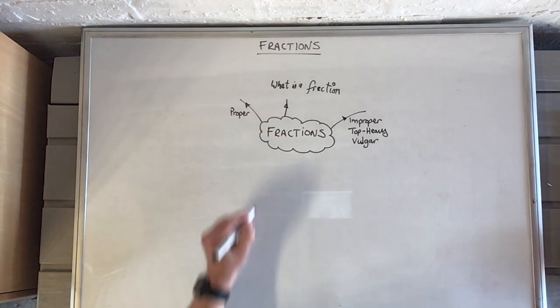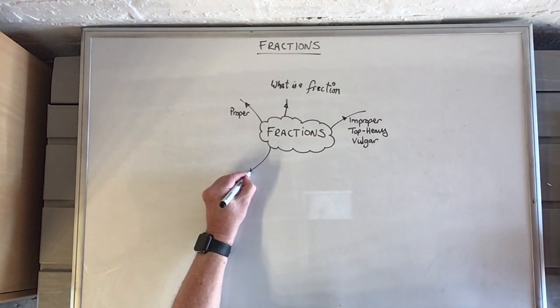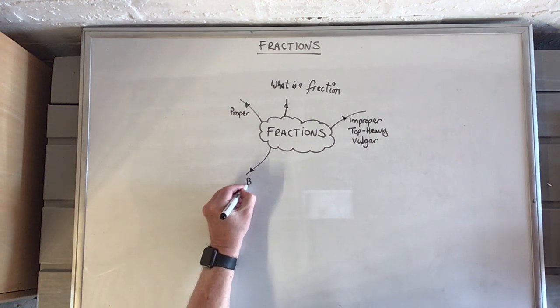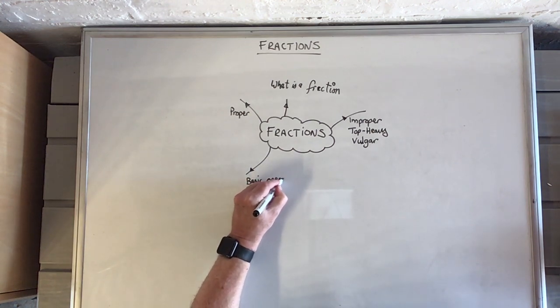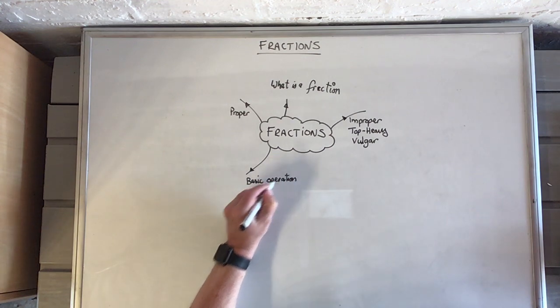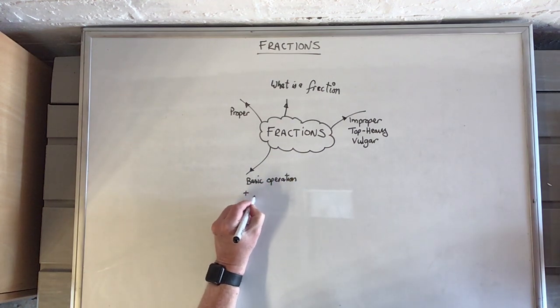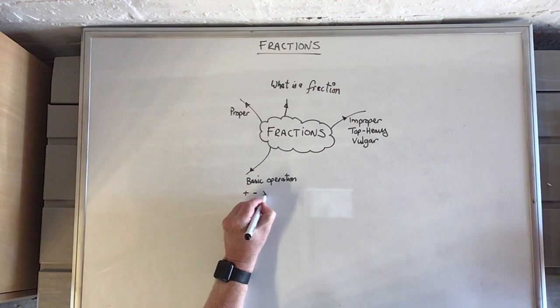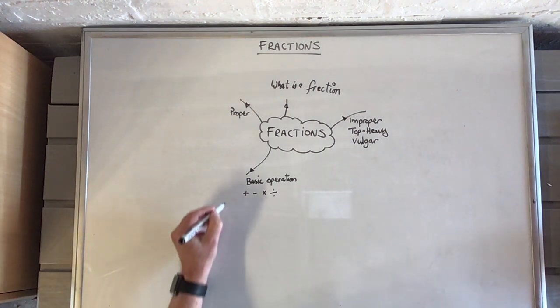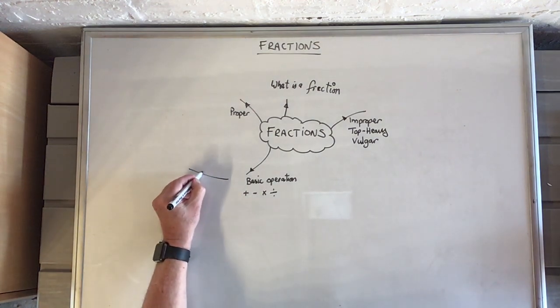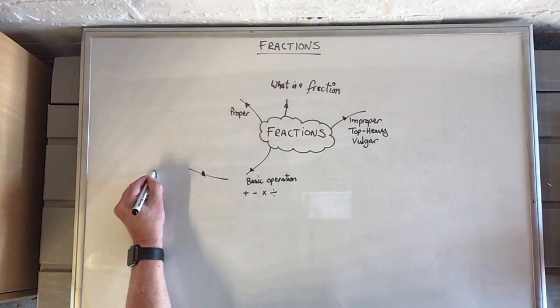Other things we'll have to do is look at basic operations of fractions. Basic operations, and that's the four main operations: add, subtract, multiply and divide. And we'll show you techniques for doing that. When we're doing the operations, we'll show you picture format.